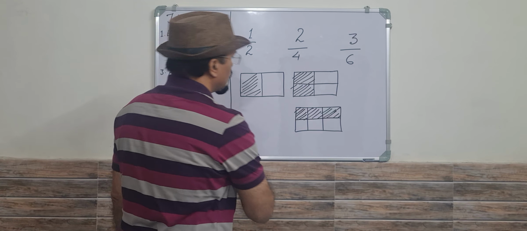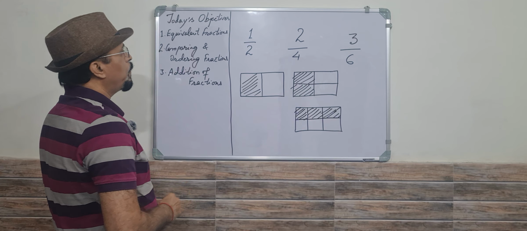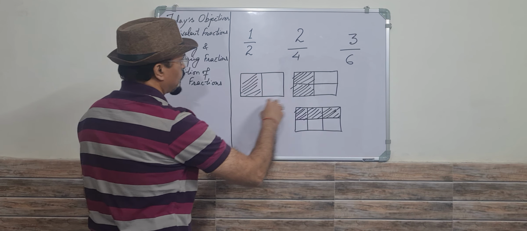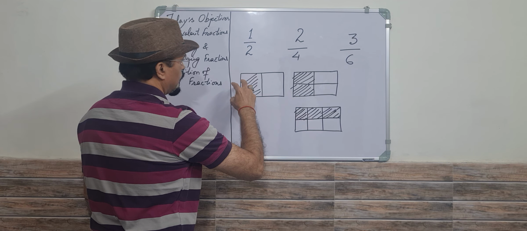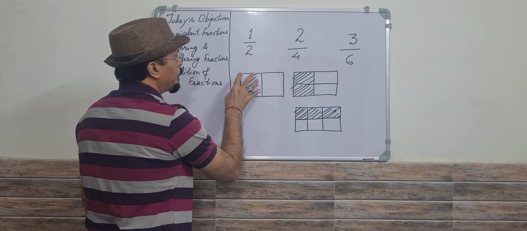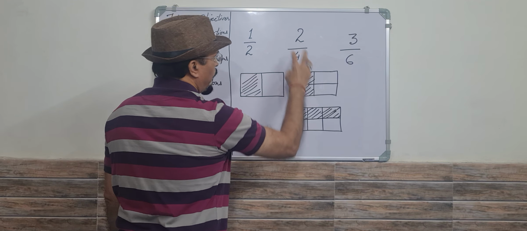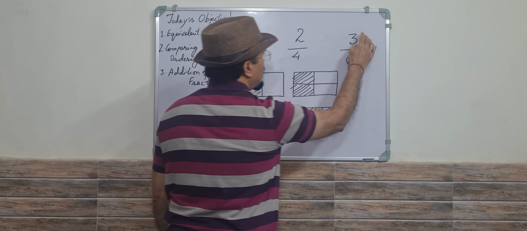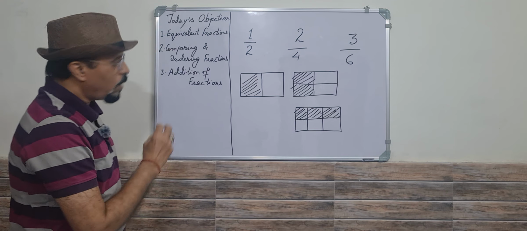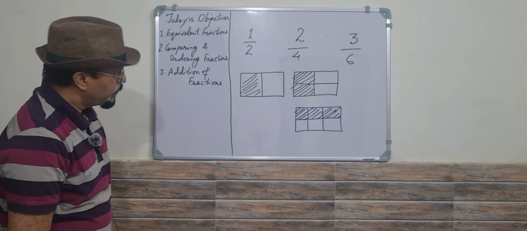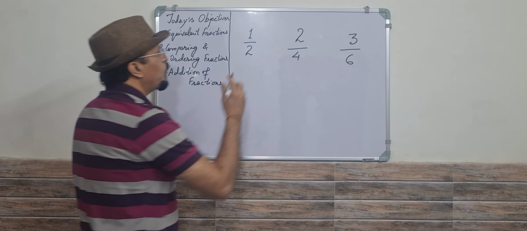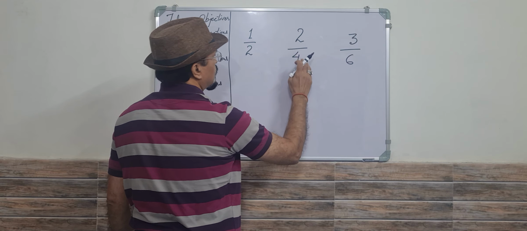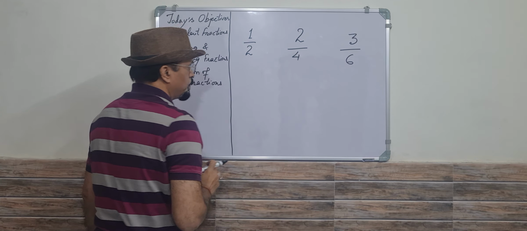So how do they represent it? Supposing this is 1 part out of 2 parts, 2 parts out of 4 parts, 3 parts out of 6 parts. So how are they equivalent fractions? We need to understand that. Suppose I divide the numerator and denominator of 2 by 4 with the same value.